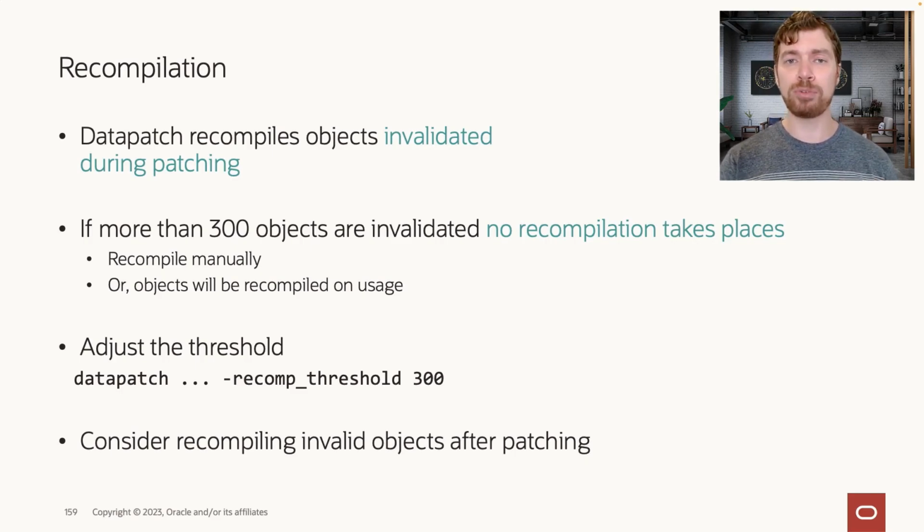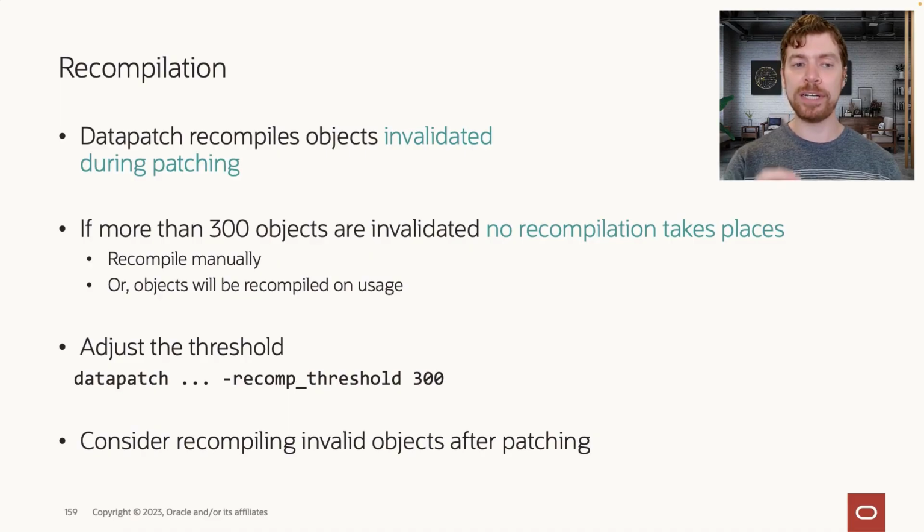So we recommend you recompile them manually, or the objects will recompile on usage, meaning when you try to use that package that is invalid, the Oracle database, before allowing you to execute it, will try to recompile it. You can adjust that threshold.